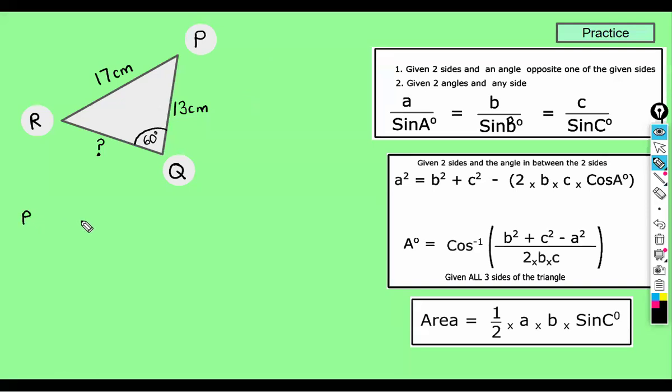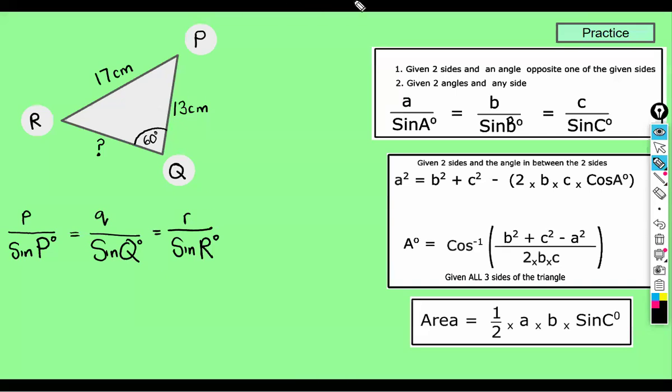So P, Q, and R, the common letters always go on top of the formula, and sine of the capital version goes underneath. So if I have common P on top, I have sine capital P underneath. If I have common Q, here will be sine capital Q, is equal to common R divided by sine capital R. You have to adjust the formula to suit the letters in the particular question. Okay?